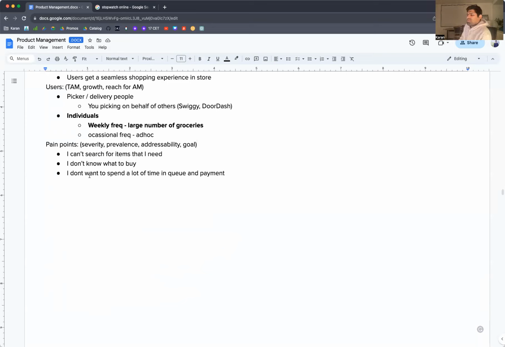Let's start with the first one. I can't search for items that I need. I think this is probably going to be very important because, in fact, I think all of the 3 nuances are pretty important. It's just a point of sequence as to how we want to do it.